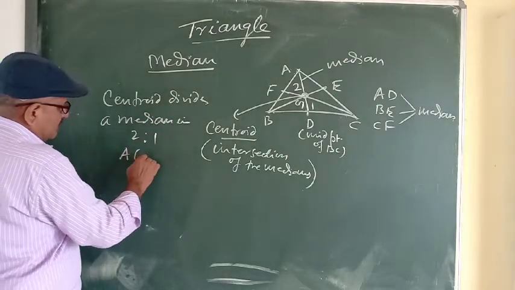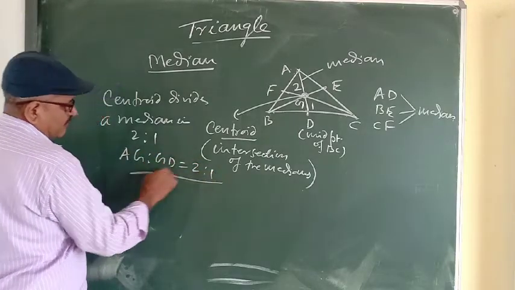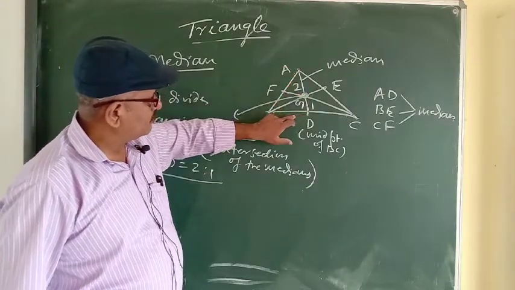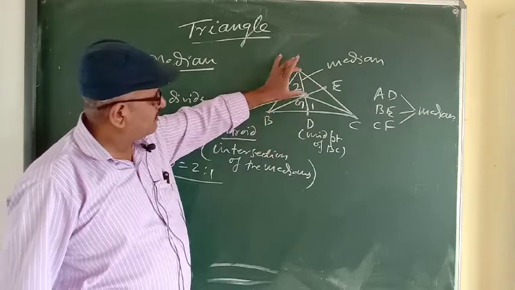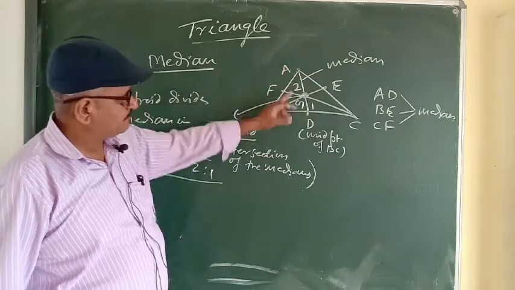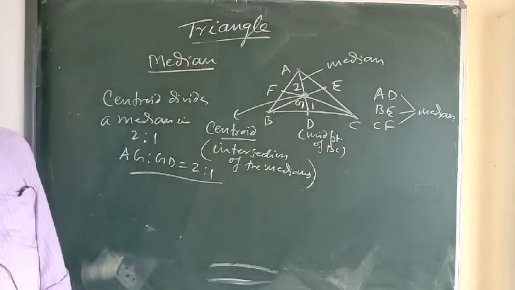So AG ratio GD will be 2:1. Means GD is just half of AG. If AG is 10 centimeter, GD will be 5 centimeter. So this is about the median.